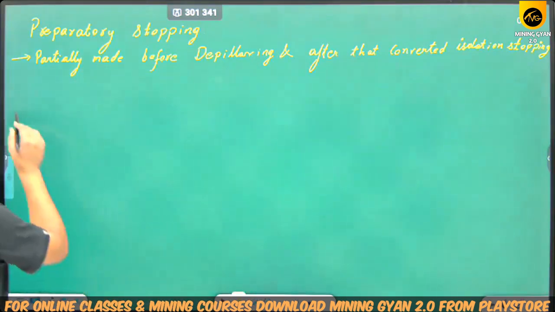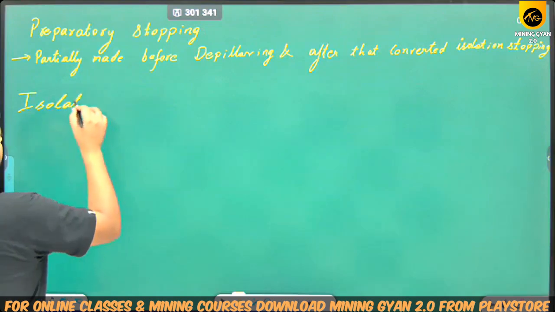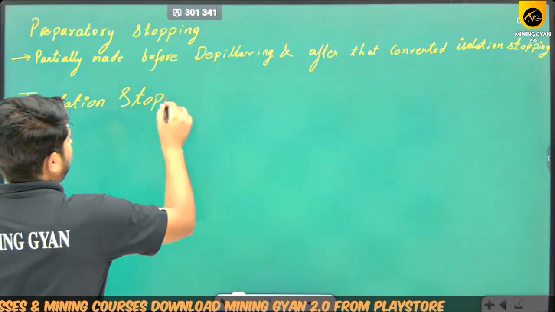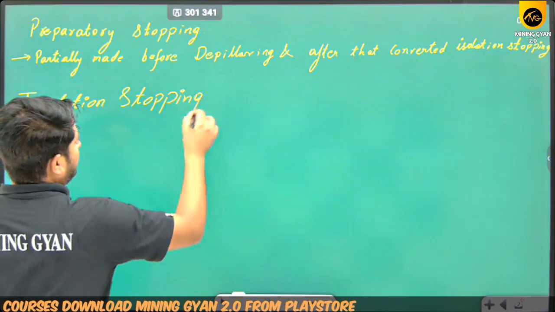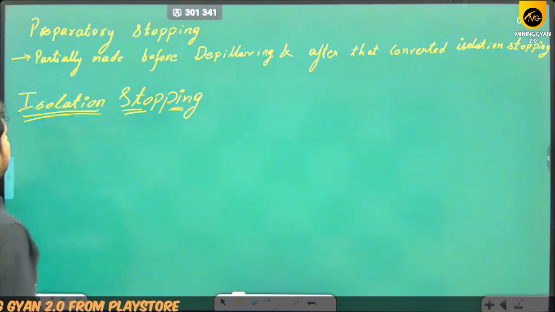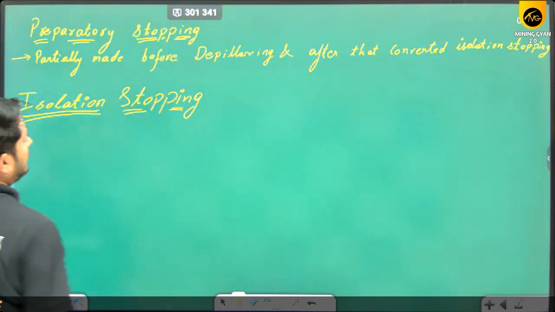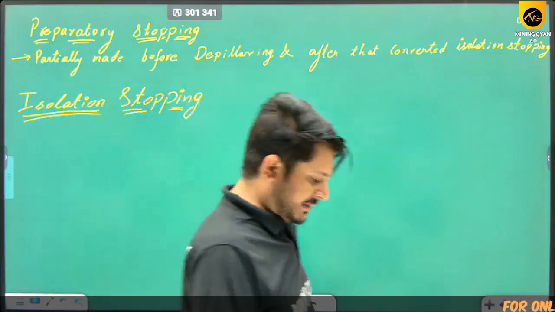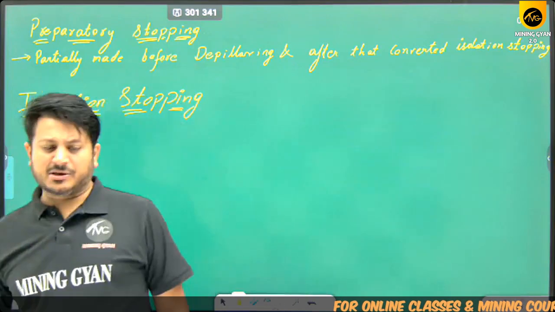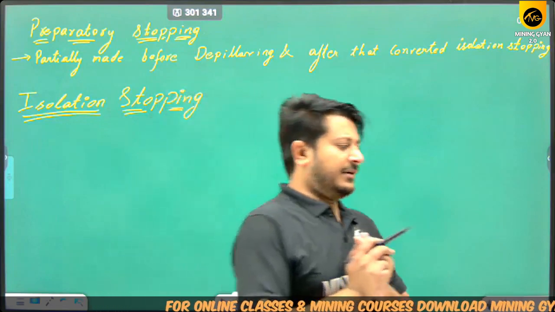Okay, now the second one, isolation stopping. If we talk about the isolation stopping in degree 1 and degree 2 mines, this stopping is made basically in degree 1, degree 2, degree 3 mines.